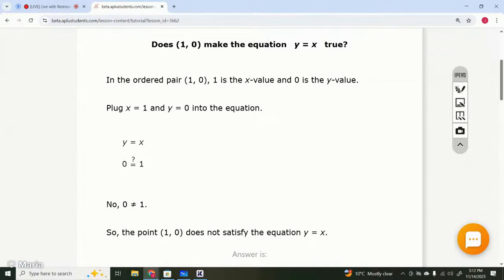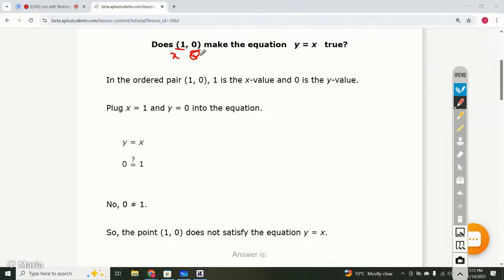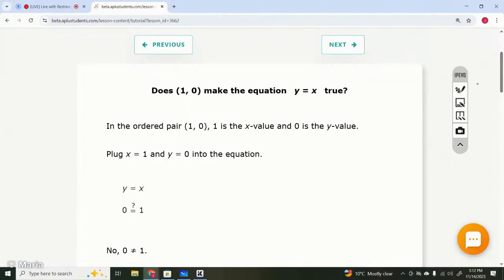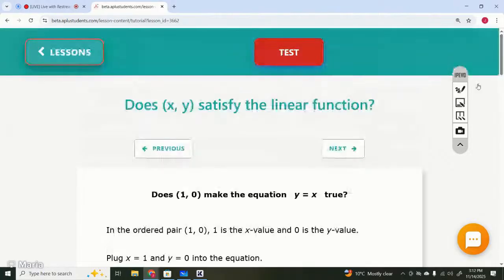Look at the ordered pair (1, 0). X is 1, y is 0, right? So y equals x, but 0 is not equal to 1. So the point (1, 0) does not satisfy the equation y equals x. The correct option is no.